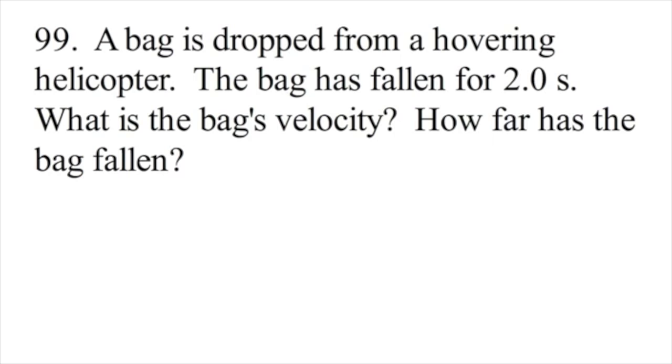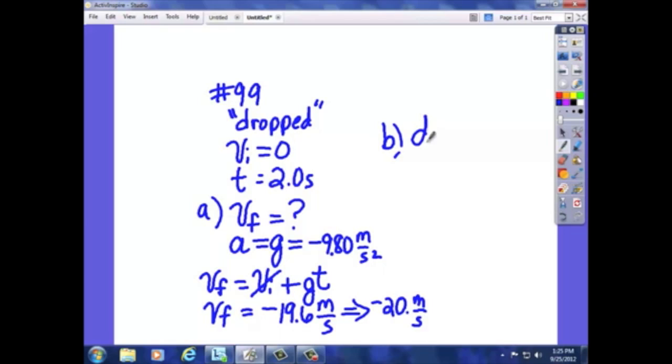Okay? There is a second part to this problem, though. So let's take a look at 99B. It says, how far has the bag fallen during that time? So now I'm looking for my displacement. Okay, these are all in the y direction. All right, and again, I have my initial velocity of 0. I've got my time the same as 2.0 seconds.